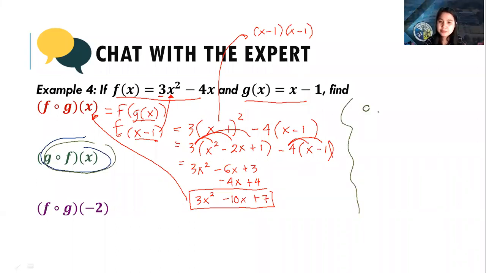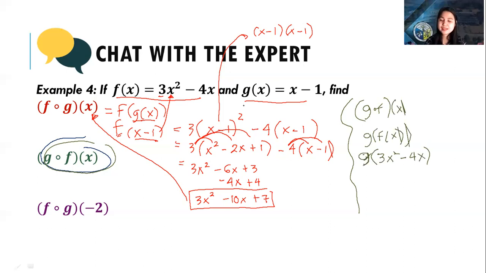G composed with f will become g of f of x. Sorry, what's happening to my pen? Our f of x is 3x squared minus 4x.